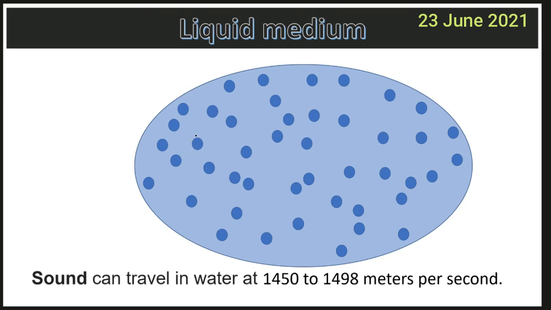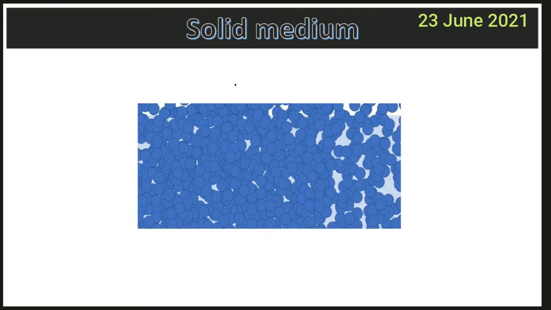Now you can imagine the solid. Will the speed be more in solid? How are the molecules arranged in solid? They are very, very close to each other. Therefore, you speak here, and the sound energy can very easily transfer from one particle to another particle because they are very close.